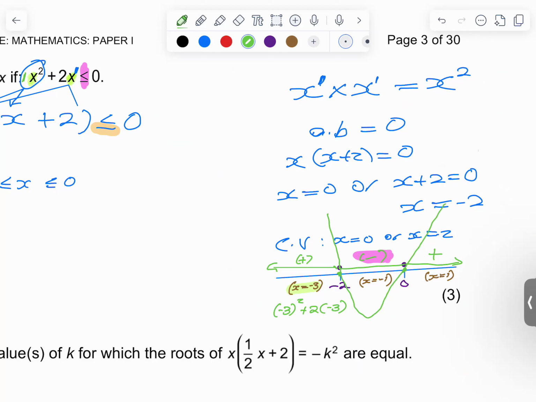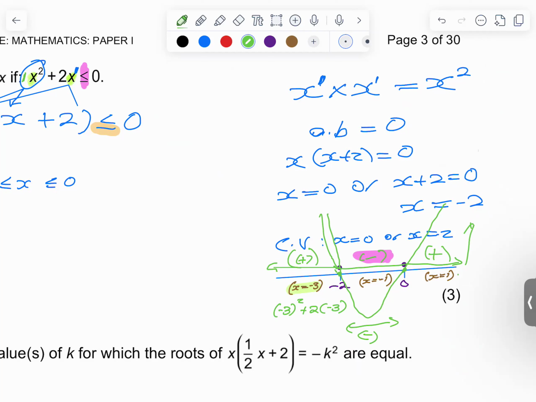Where the graph is below the line, the values of x there, which is between these, are negative. Where the graph is above the line, the values of x there will be positive. So you will still get the same solution.